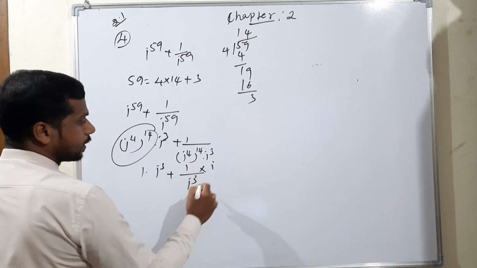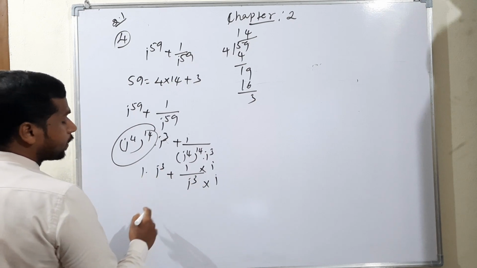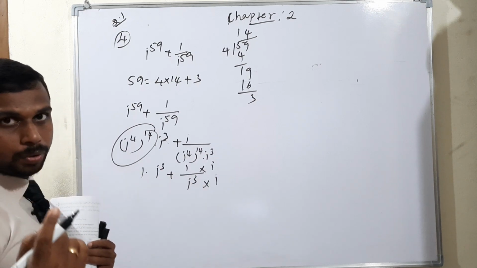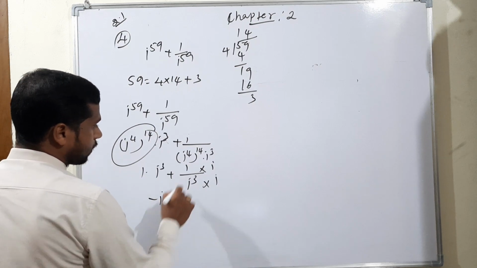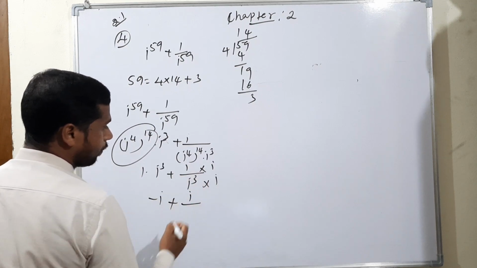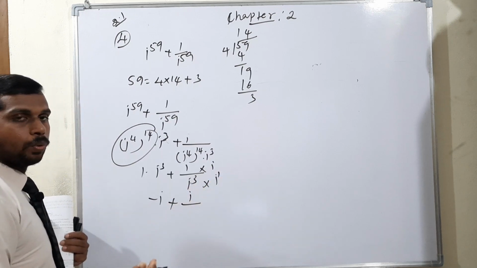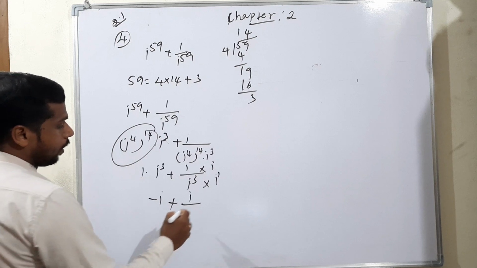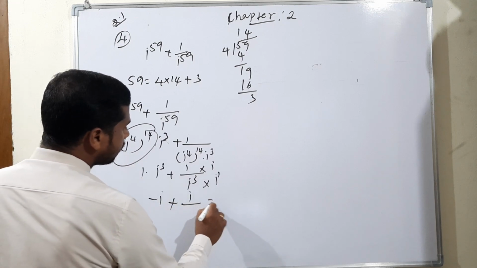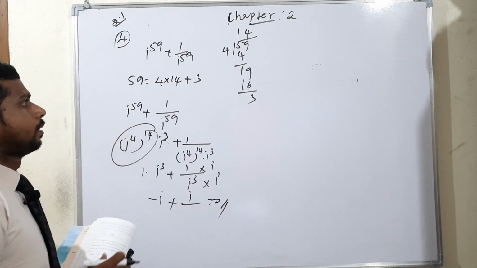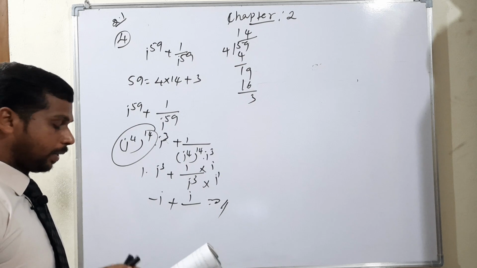Here we have to utilize the conjugate, multiplying both sides by i. i cubed is minus i, plus the reciprocal: i divided by i cubed into i, which is i to the power 4, so the value is 1. So minus i plus i, the answer will be 0. So questions number 3 and 4 both become 0.